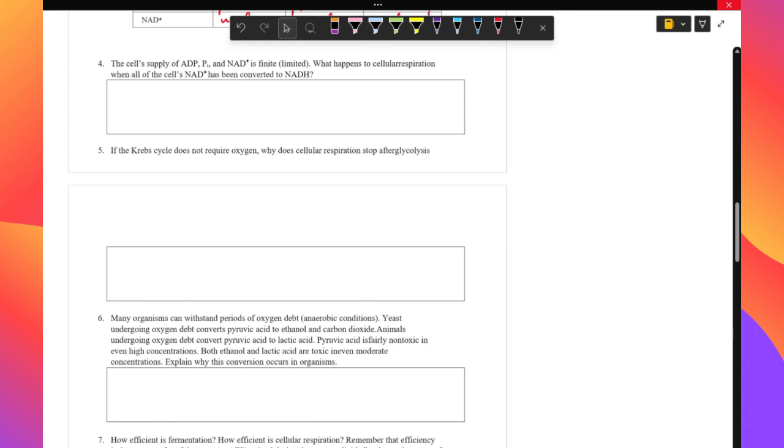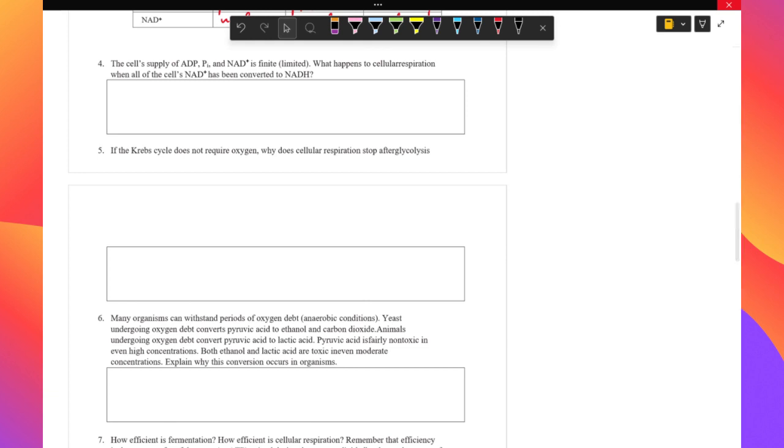All right, the cell's supply of ADP, inorganic phosphate, and NAD plus is finite. That means it is limited. Finite is not infinite. What happens to cellular respiration when all of the cell's NAD plus has been converted to NADH? So if NAD plus is unavailable, then the cell is unable to conduct any processes that involve the conversion of NAD plus to NADH.